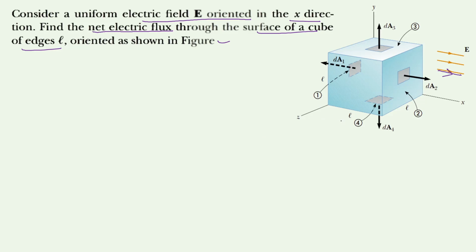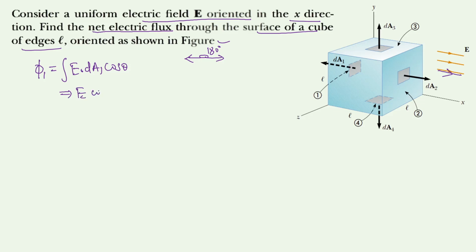First we will see surface number 1. At surface number 1, the flux is equal to E into dA1 cos theta. For surface number 1, the area vector is like this and the electric field is like this, so the angle between them is 180 degrees.